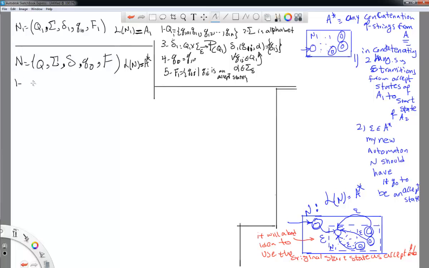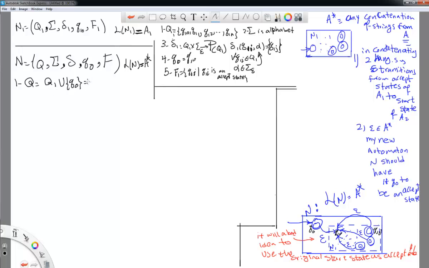The first thing is to build its set of states. So its set of states is effectively Q sub 1 union with my newly added start state. So if you call this q sub 0, then this is going to be q sub 1 0, and these are going to be the q sub 1 i's from the accept states. So that's the set of states.